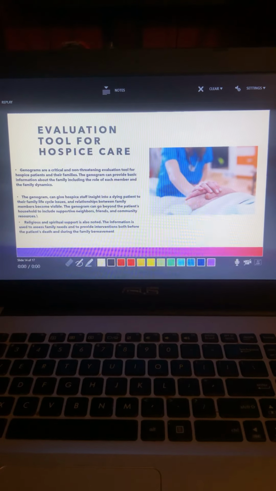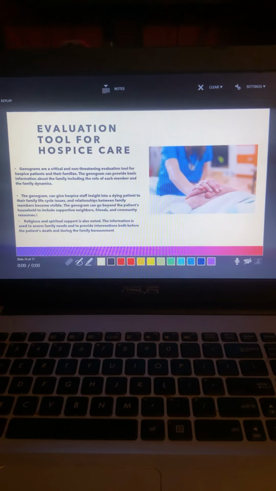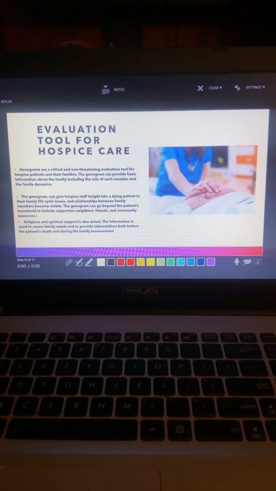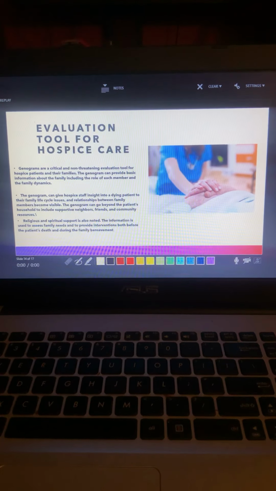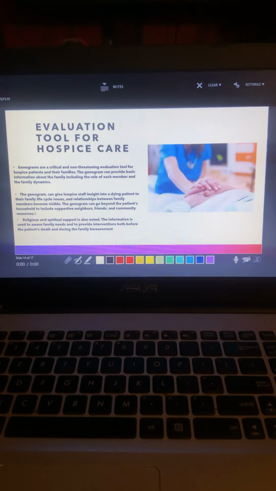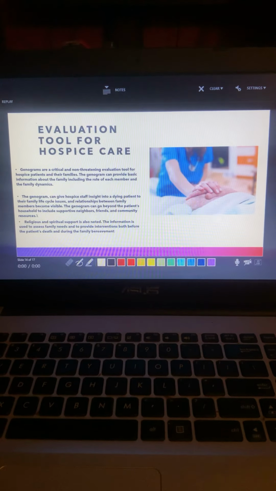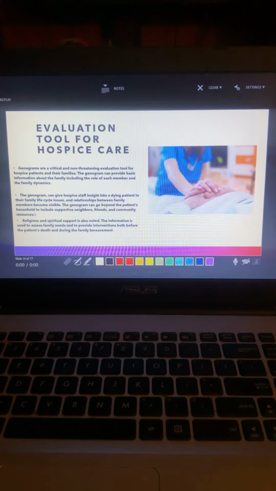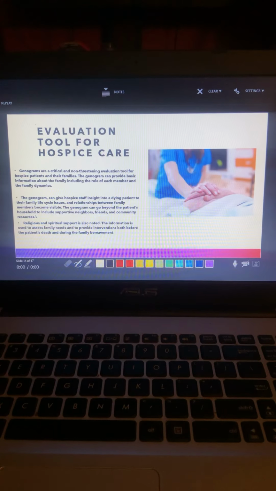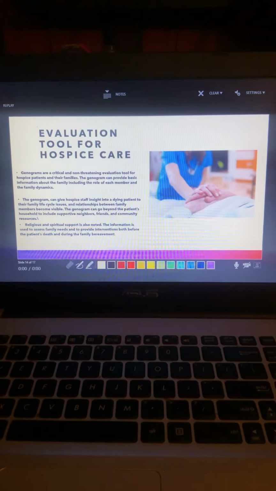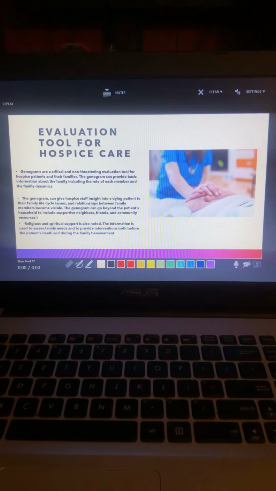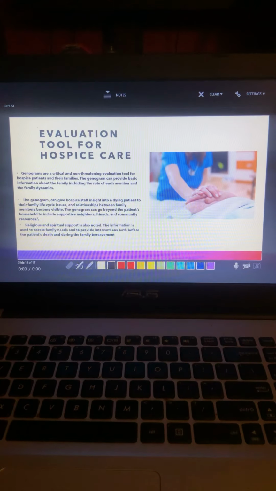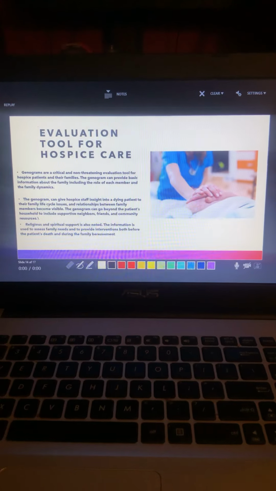Religious and spiritual support is also noted. The information is used to assess families' needs and to provide interventions both before the patient's death and during the family's bereavement. So if this family is Christian, if this is what their foundation is, then you definitely want to let them engage in those practices there at the hospice.